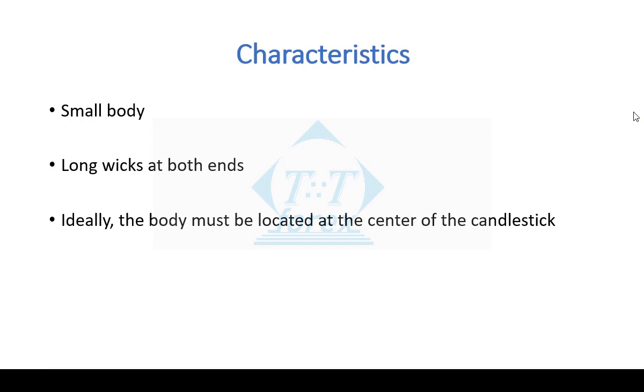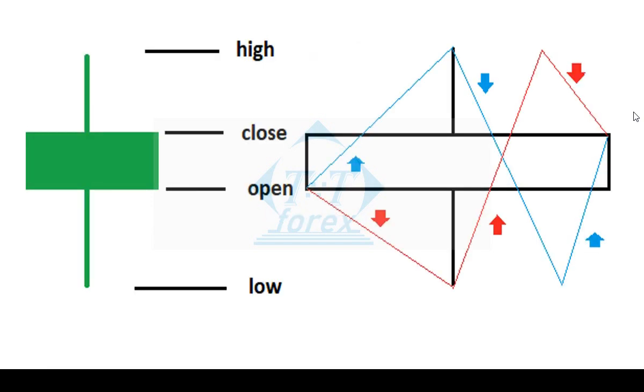It doesn't draw things according to what you need them to be, so it is going to print whatever it prints. So anything that resembles something with a body in the middle with 2 wicks protruding at both ends is ideal. That's a spinning top, which looks much more like this.